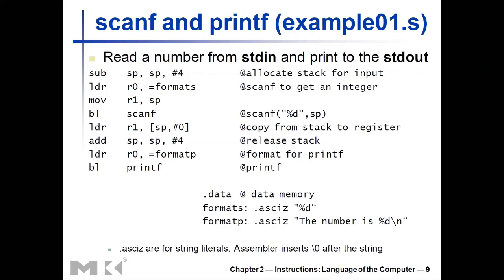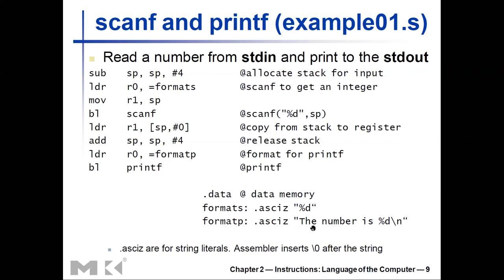Can you remember that? Yeah. So the first argument is the formatting string, and the arguments after that are the values that should be put into the placeholders in the formatting string.